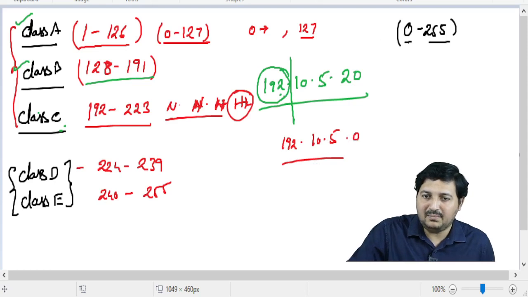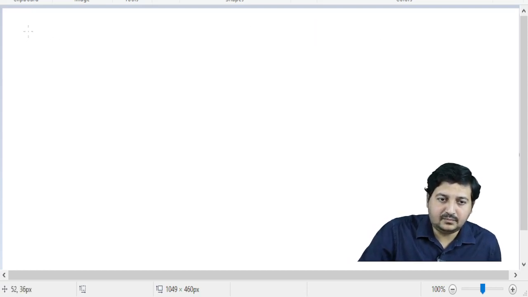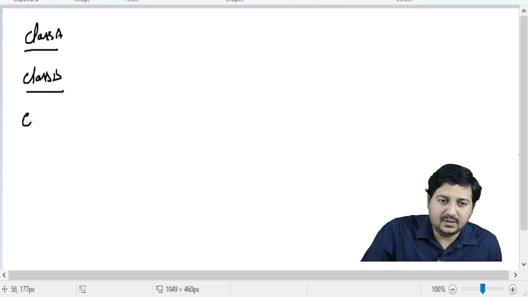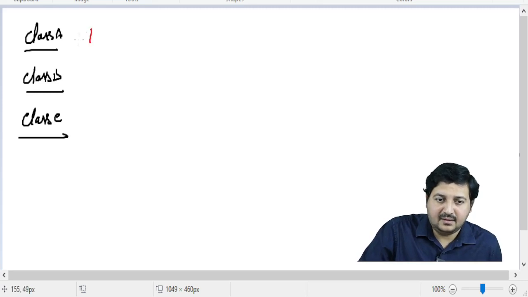Now anyhow, let me make the things clear. Take for example class A network, class B network, class C network. Just try to understand and listen carefully. Class A, what is the range? 1 to 126, okay? And then what is the size of the network?